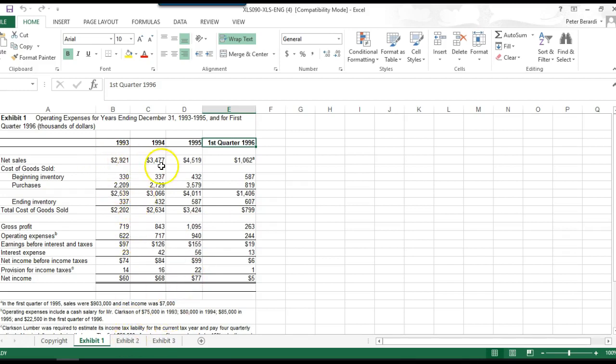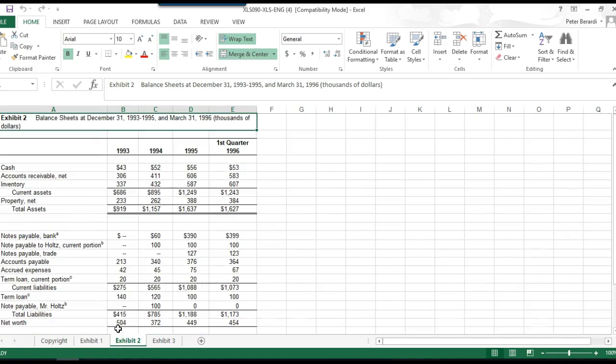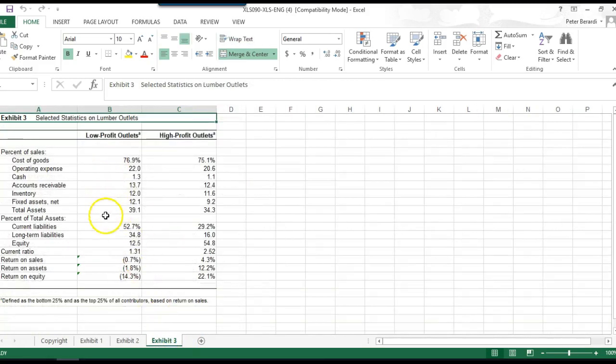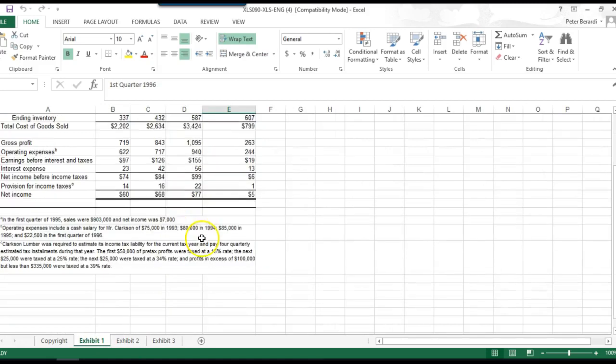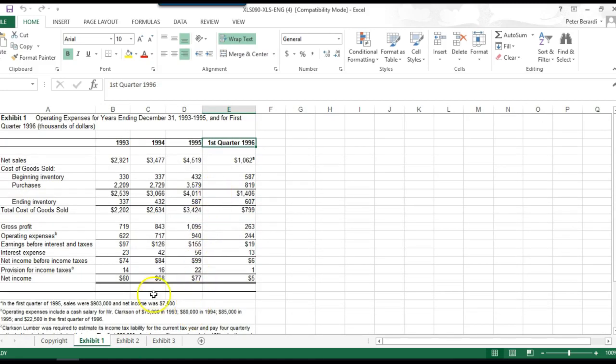You're going to get an income statement, a balance sheet, and Exhibit 3. What you're not going to get is a cash flow statement. I believe that's in the case study, but you don't have a spreadsheet.